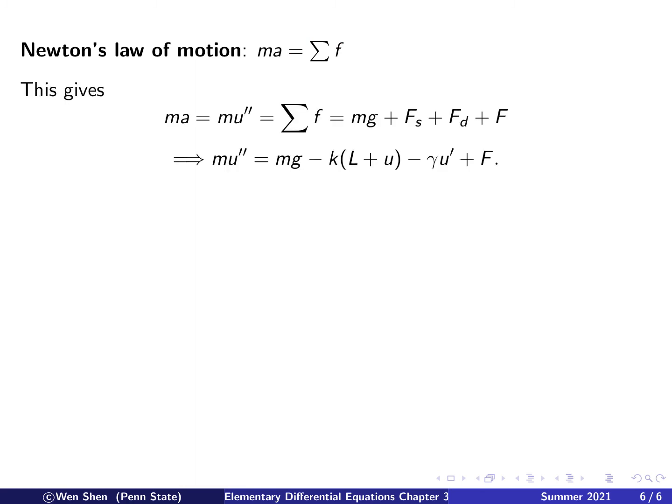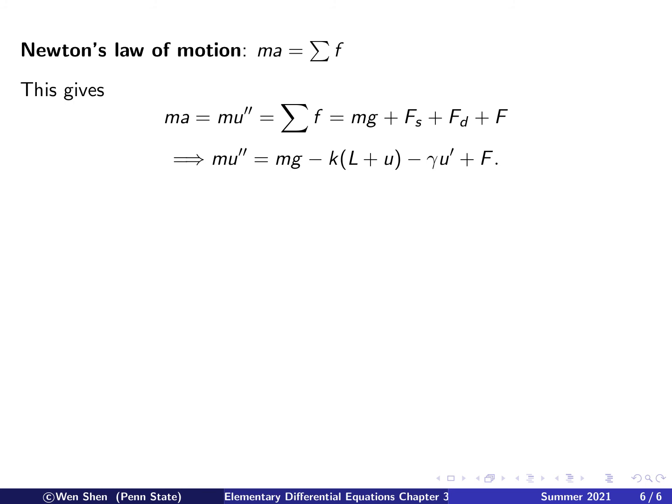Okay, so let's put in each term then. The acceleration, m times a, is the derivative of the velocity, and the velocity is the derivative of the position. Therefore, the acceleration is the second derivative of the position. So m u double prime would equal total force. The total force we just talked about earlier is mg plus F_s plus F_d plus external force.